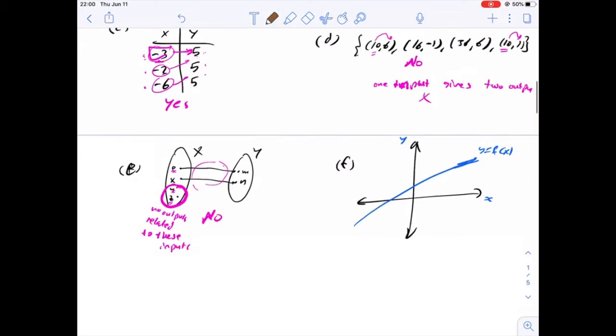The elements on x are called the inputs, and the elements on y are the outputs. If you choose any different values of x, you get one corresponding value of y. So we don't have one value of x that's related to two values. So this is a function.